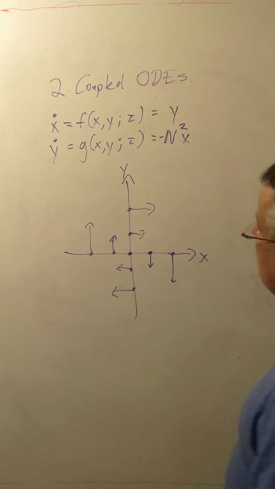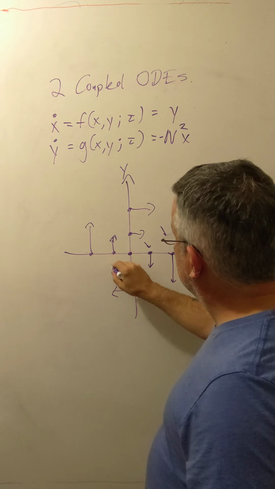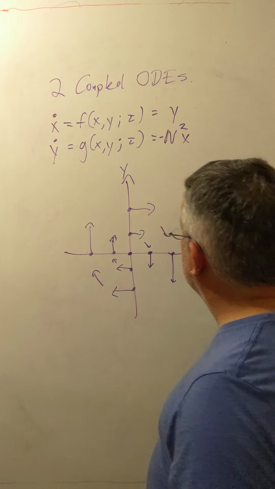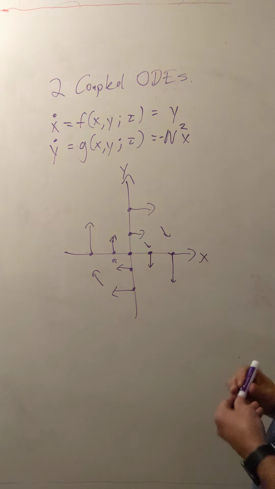If I go diagonally out, I'm actually going to find connecting values like this in between. In fact, if I forget about the n squared factor, I can see that these will be circular orbits, or I guess they'll be elliptical orbits, including the n squared factor, going around in this direction.